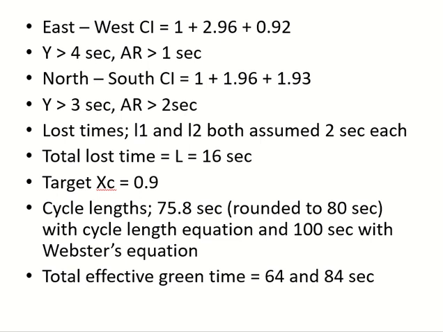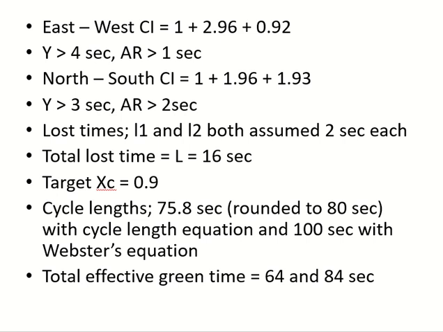So for the east-west direction, this is the yellow, this is the all red. For the north-south direction, this is the yellow, this is the all red. Now, for lost times, they said it ranges from 3 to 4 seconds. We have already discussed how to find it, but they gave us some values which we can use.